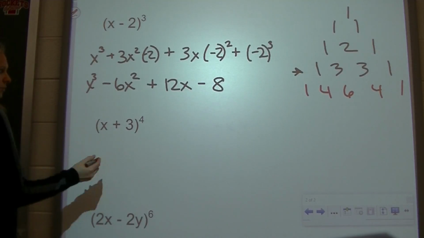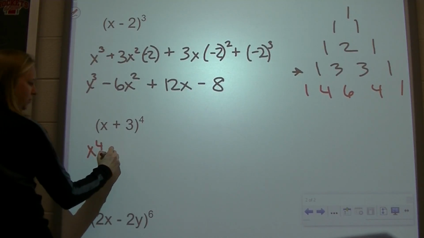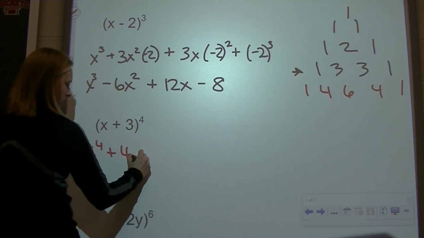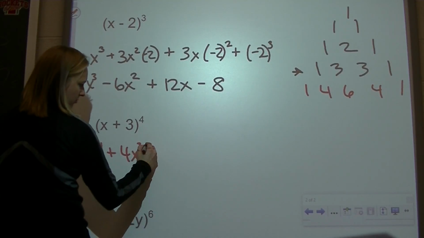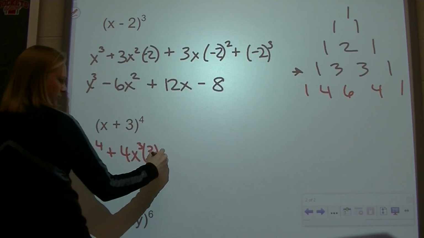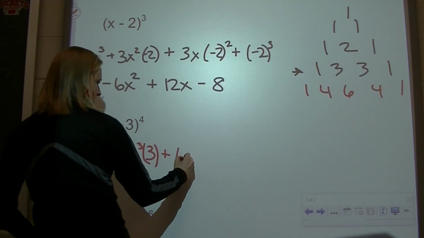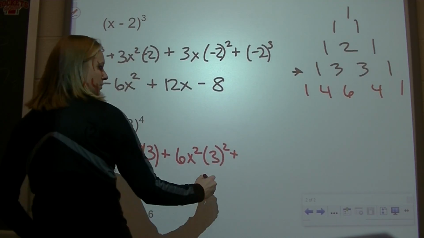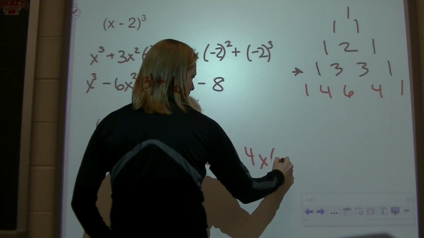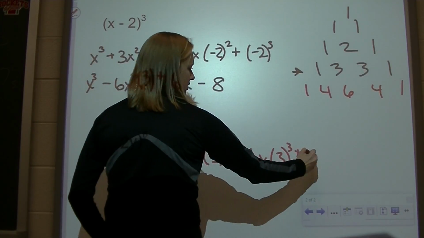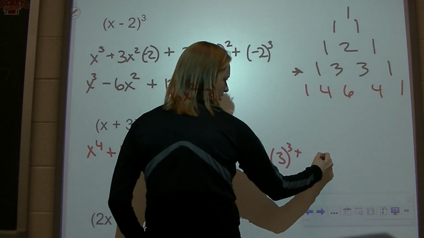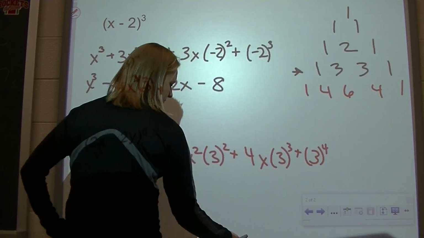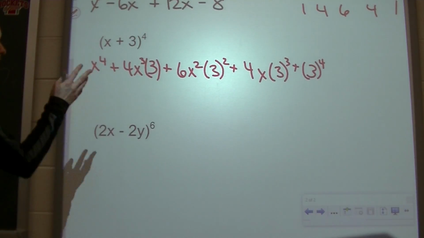So here we are going to have x to the fourth plus 4x to the third, and then 3 to the first power, which again we don't need to write, plus 6x squared, and then 3 squared, plus 4x, and then 3 cubed, and we have plus 3 to the fourth. And we can go ahead and simplify that.